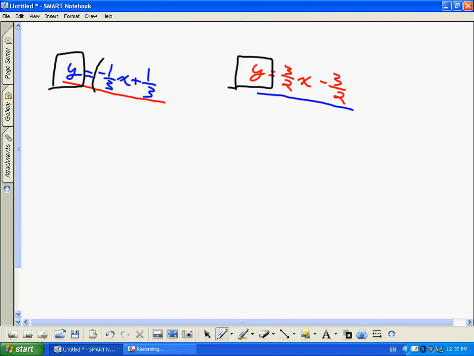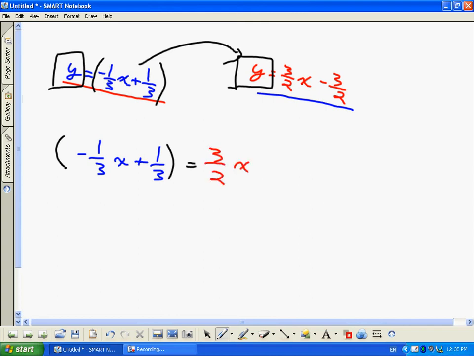So y is equal to this expression here, negative 1 over 3 x plus 1 over 3. I could substitute that value into the y of the other equation. So what that's going to look like is: negative 1 over 3 x plus 1 over 3 is equal to 3 over 2 x minus 3 over 2.